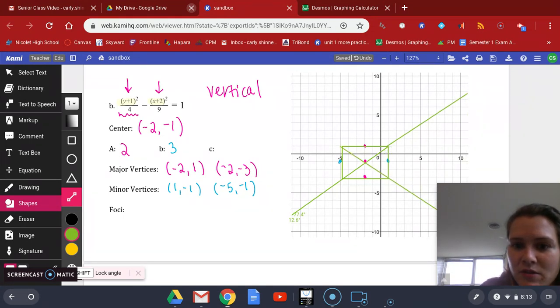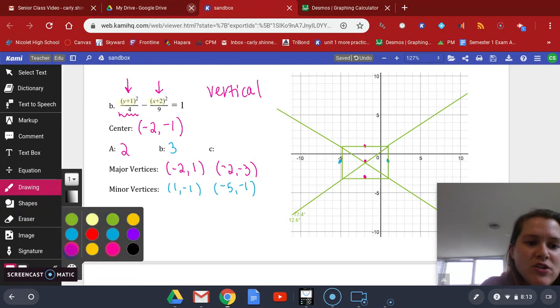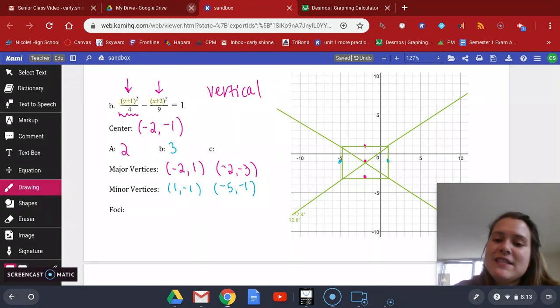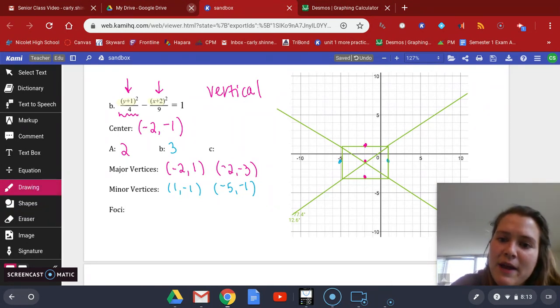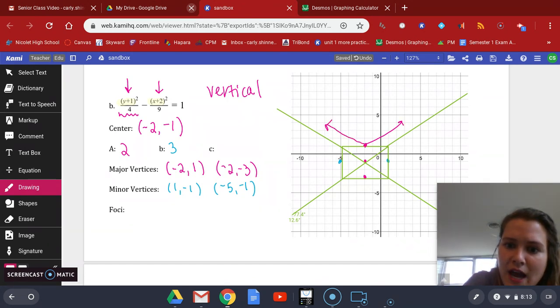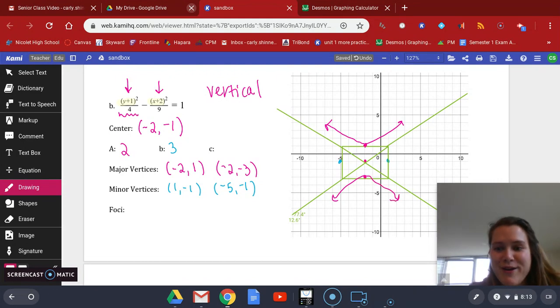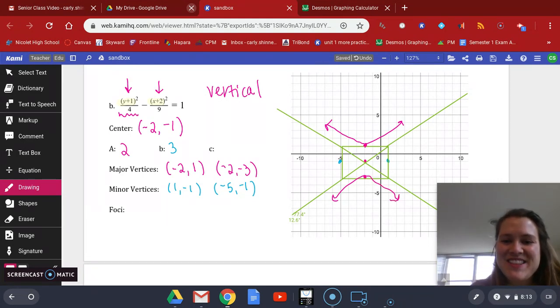A little throwback to the rational unit. All right, there we go. Those are my asymptotes. Rough sketches there. Don't judge me. All right, so let's draw in our vertical hyperbola. So something like that on the top, maybe something like this on the bottom. Got a little wobbly over there. Alrighty, so there's a rough sketch of my hyperbola.